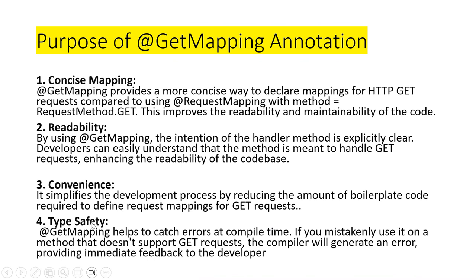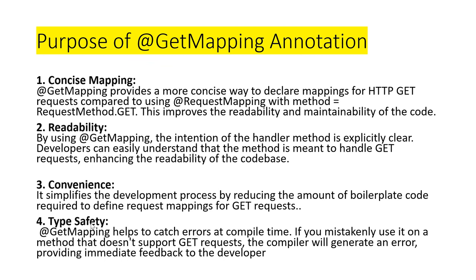And the fourth and most important point is type safety. It helps to catch errors at compile time. Let's say you mistakenly use it on a method that does not support GET requests, then the compiler will generate an error, providing immediate feedback to the developer. It means that the developer will come to know that this method is meant for another HTTP method.